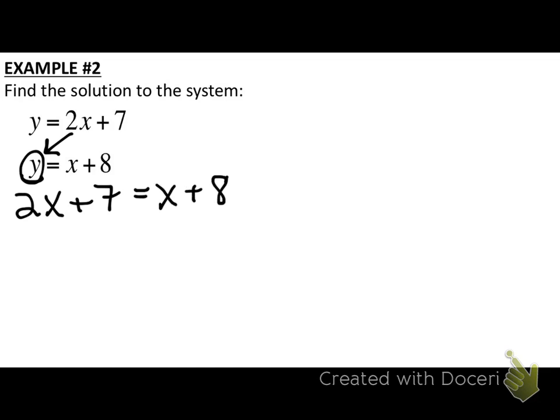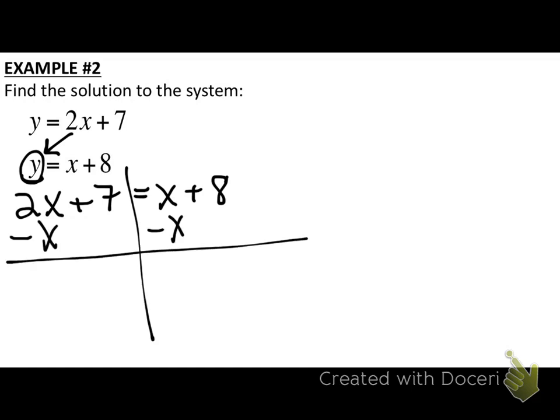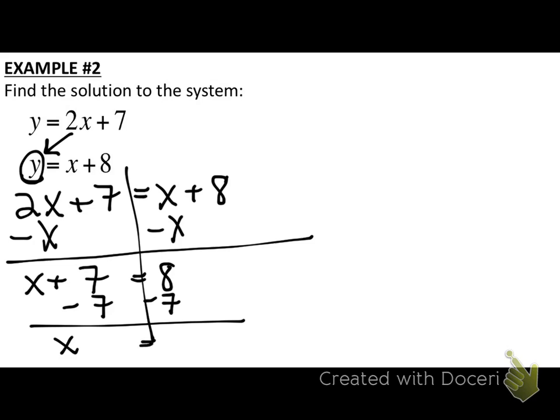Okay, I just replaced the y with 2x plus 7. Let's go ahead and get x's on the same side. And x equals 1, which is fantastic, right? That's half of my answer. That's my x.